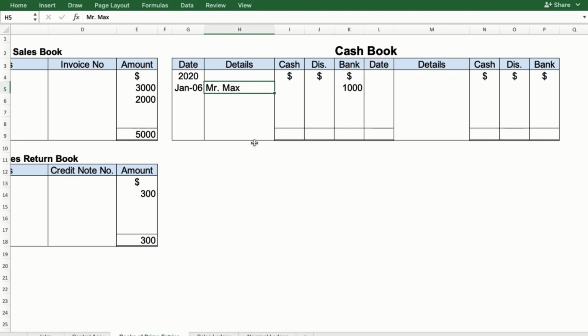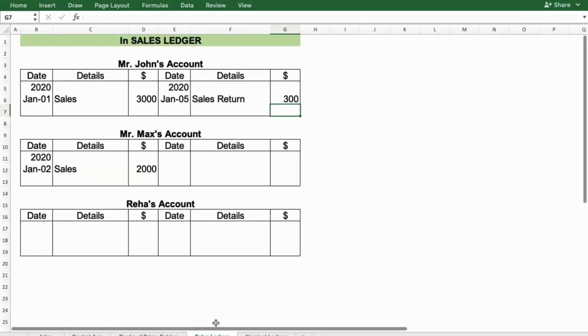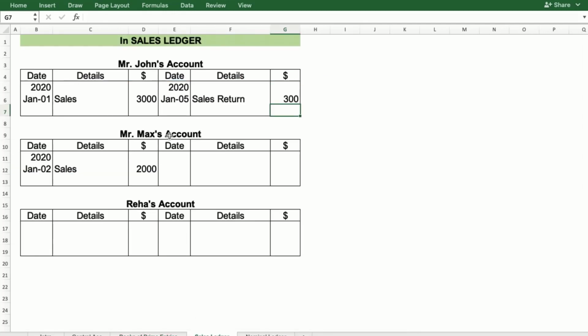Decrease in asset, credit. So this $1,000 will be posted on the credit side of Mr. Max's account. Mr. Max's account we will find in the sales ledger. As Mr. Max paid the money, there will be a decrease in asset. So that's why on the credit side I will write $1,000.